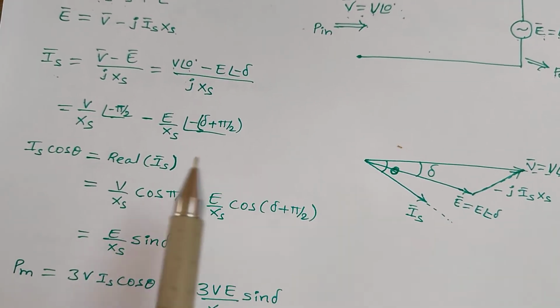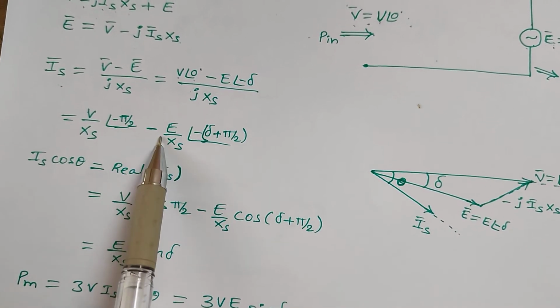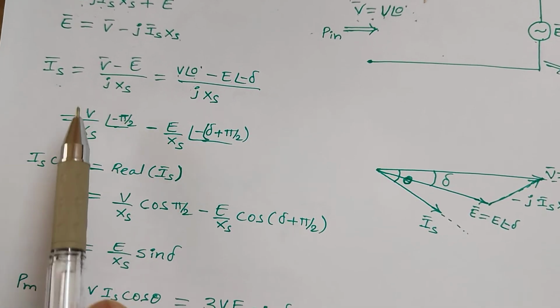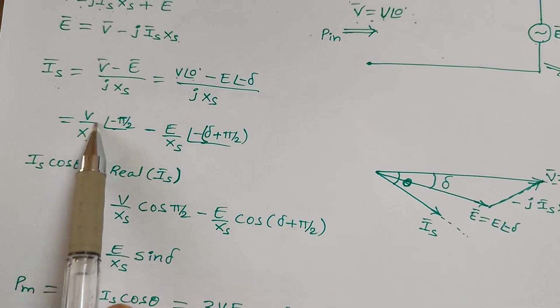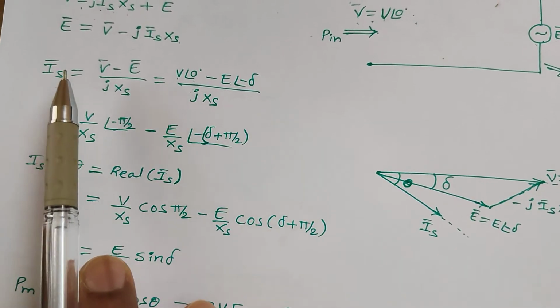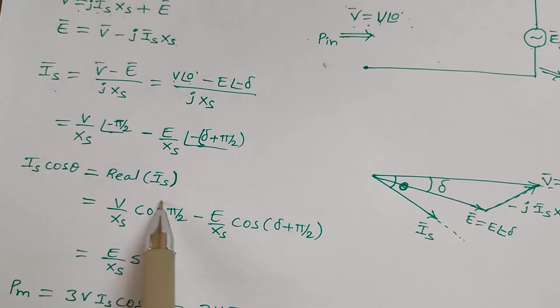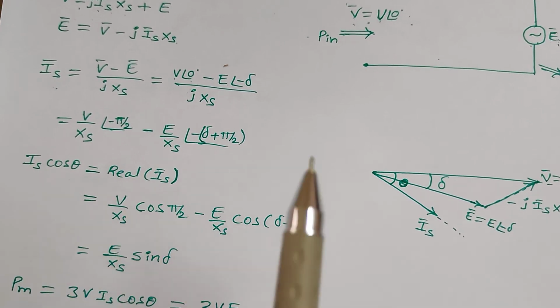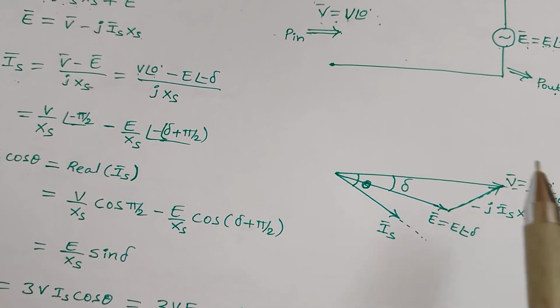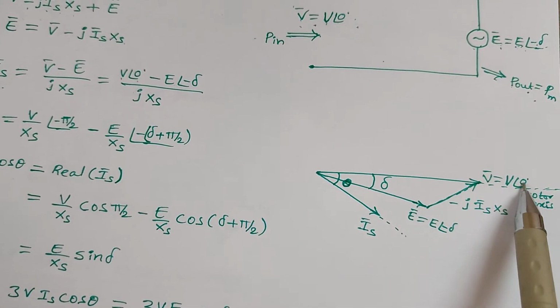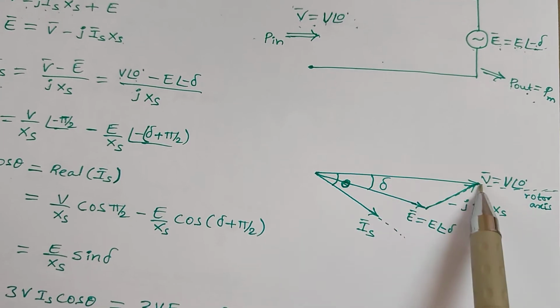So by observing this equation, we can take only the real component, that is nothing but IS cos theta. IS cos theta is nothing but the real component of the total IS current or stator current. Before that, if you see the phasor diagram, let us assume V is at an angle 0 degrees, so this is the line.